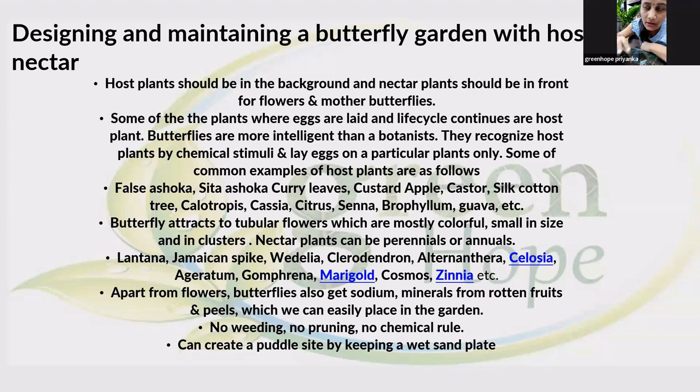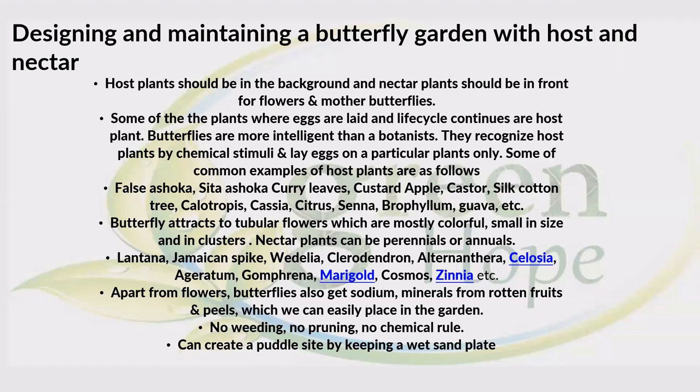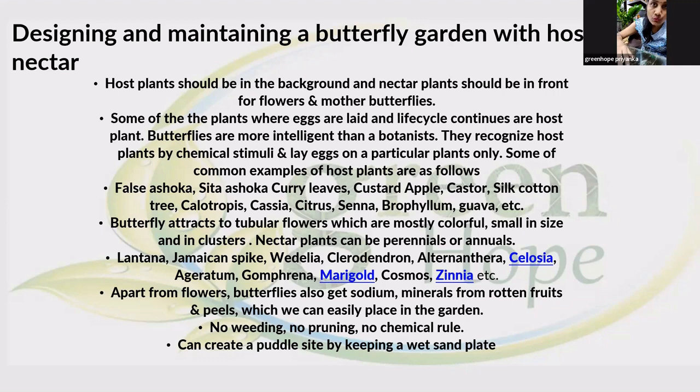I was just checking on the plant, and my building is getting painted, so most of the plants I have removed.